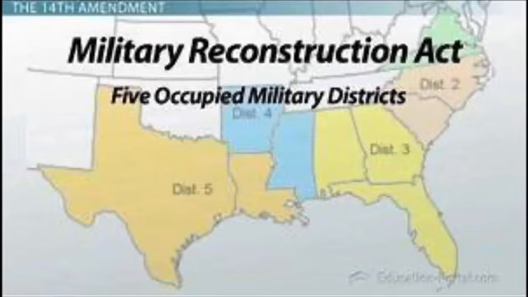And in order for the states to be re-admitted into the Union, they had to ratify the 14th Amendment, which, to remind you, was the amendment that gave all men equal protection under the law. And they also had to guarantee the right for black men to vote in their state constitution.